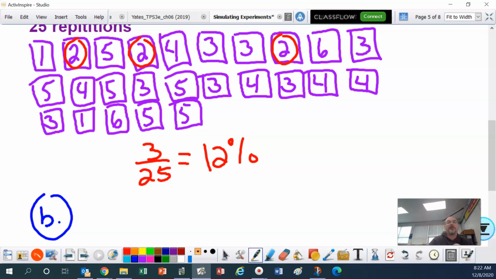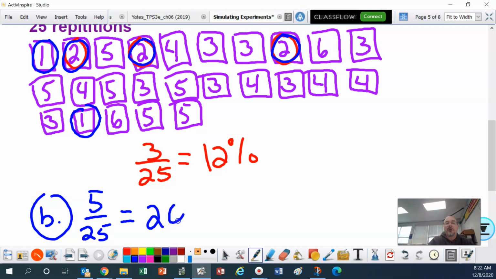Well, if I count all of them, 1, 2, 3, 4, let's see, 5. That's all I see. So 5 out of 25 times there were 2 or fewer, which is 20%.